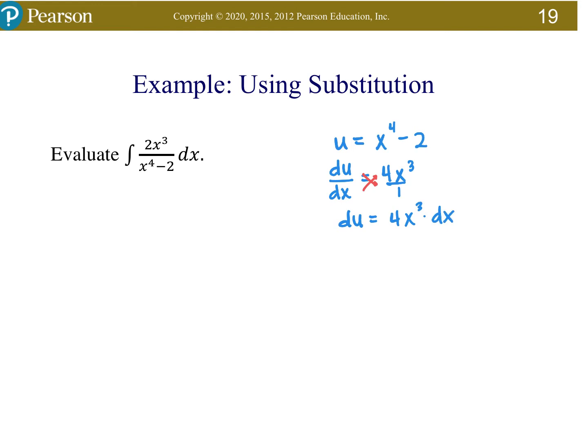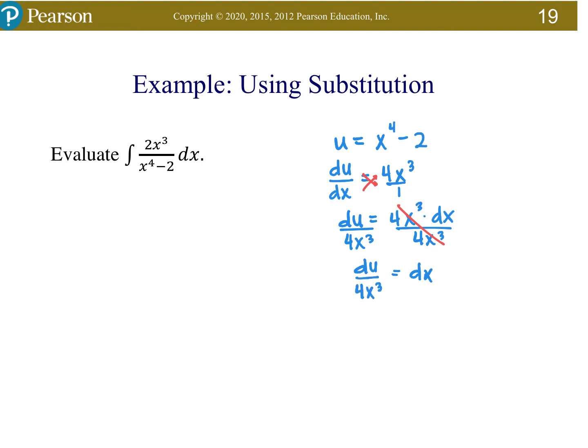And we usually follow cross multiplication with division so we can get dx by itself. So I'm going to divide both sides by 4x cubed and reduce, which leaves me with dx by itself being equal to du over 4x cubed.